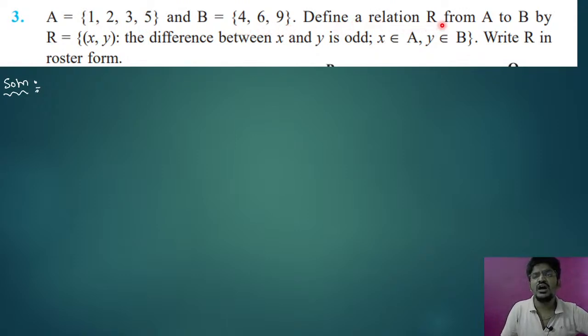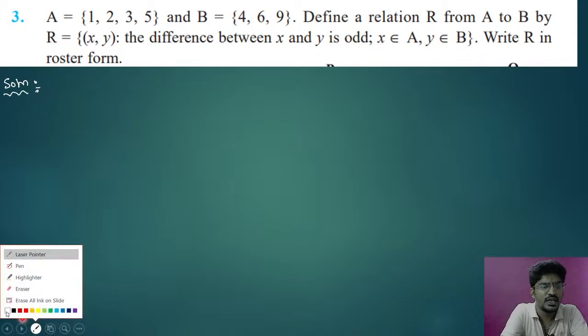Define a relation R from A to B by R equal to the set of x comma y such that the difference between x and y is odd, where x belongs to A and y belongs to B. Write R in roster form. Very good. So see how to write here.